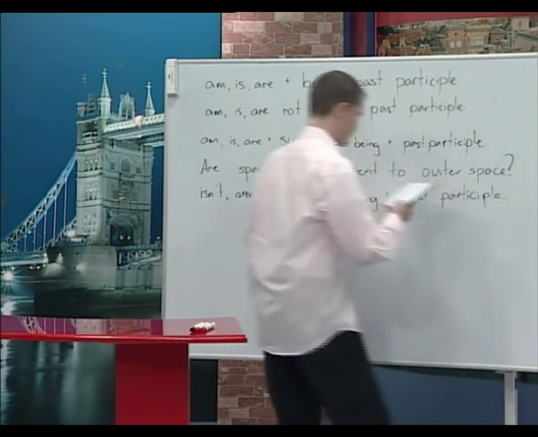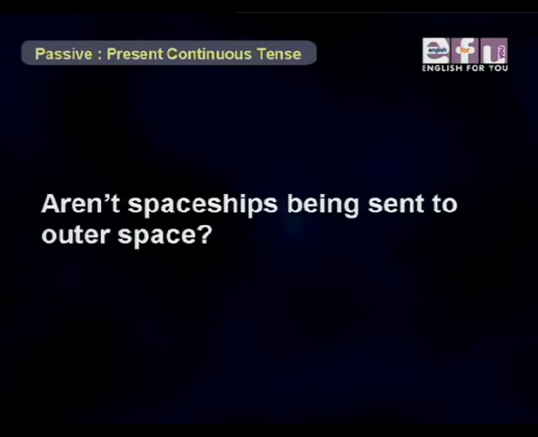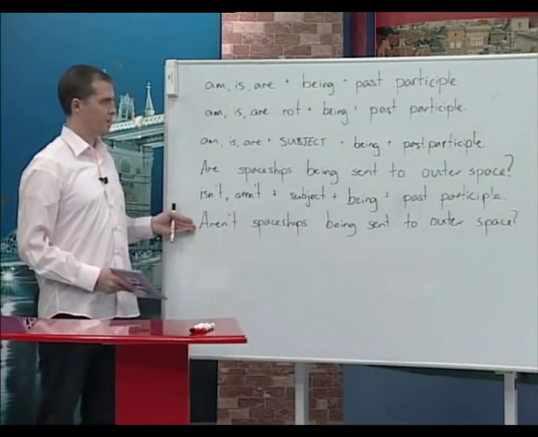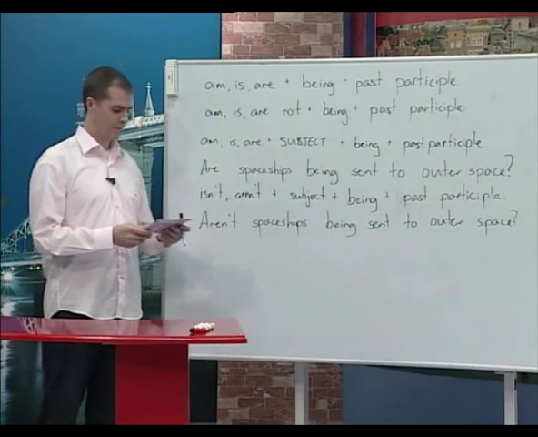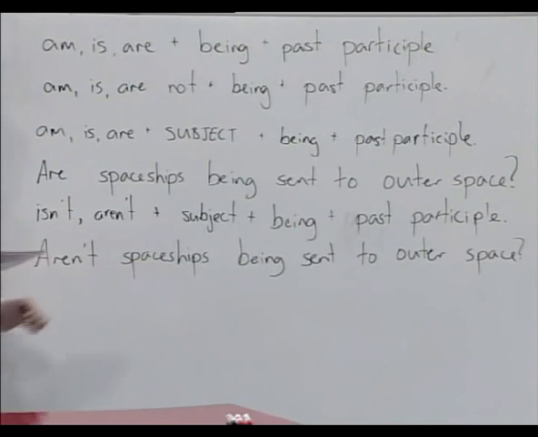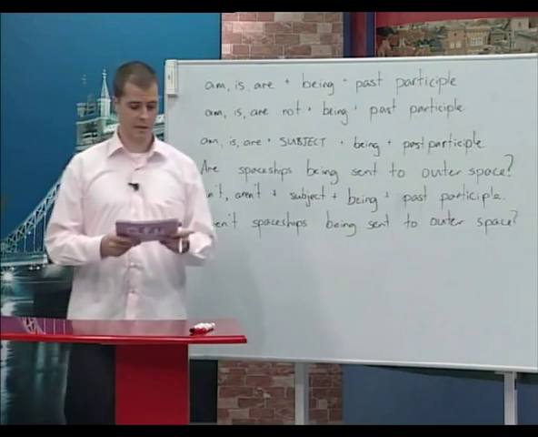For example, aren't spaceships being sent to outer space? Aren't spaceships being sent to outer space? So the passive voice subject, spaceships, determines if the verb be is singular or plural. Here we have a plural subject, so we have the verb are because it's plural. Well, let's practice some of these now.